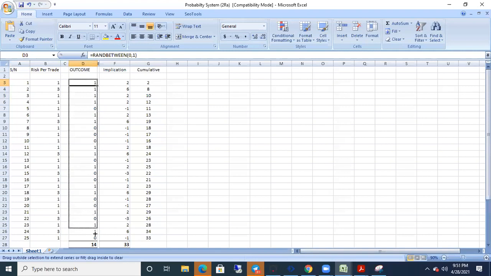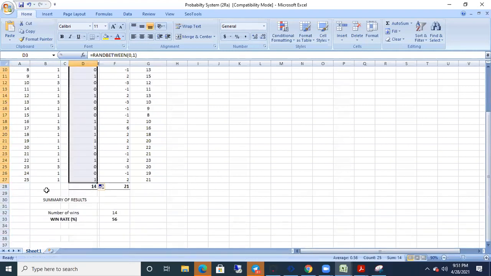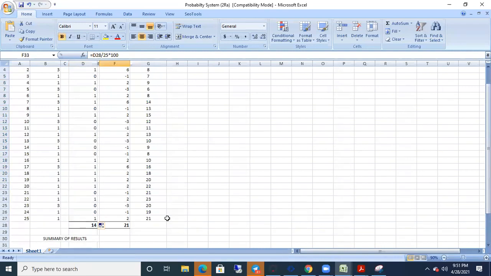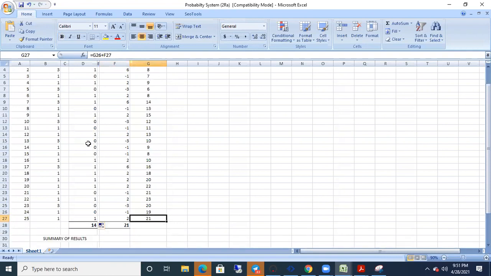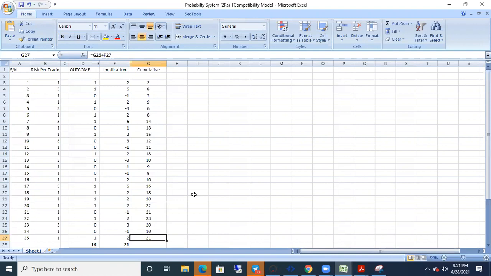Now let's change this. Now we have 14 wins out of 25 trades, which is a 56% win rate. We had 21% growth on that account. Note that we had 3 back-to-back losses at some point in time, but the account still grew by 21%.